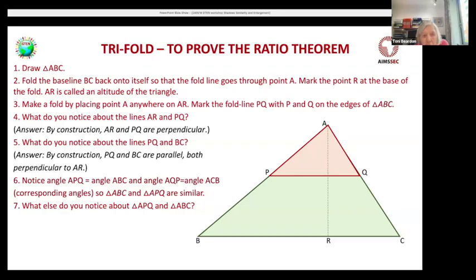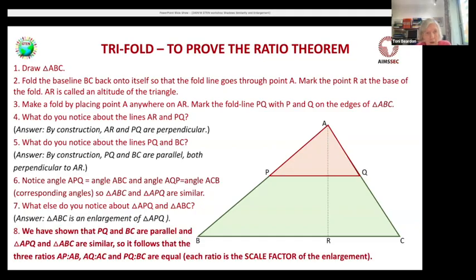And what else do you notice about APQ and ABC? Well, we'd said it earlier that ABC is an enlargement of APQ. And so we've shown that PQ and BC are parallel. APQ and ABC are similar triangles.